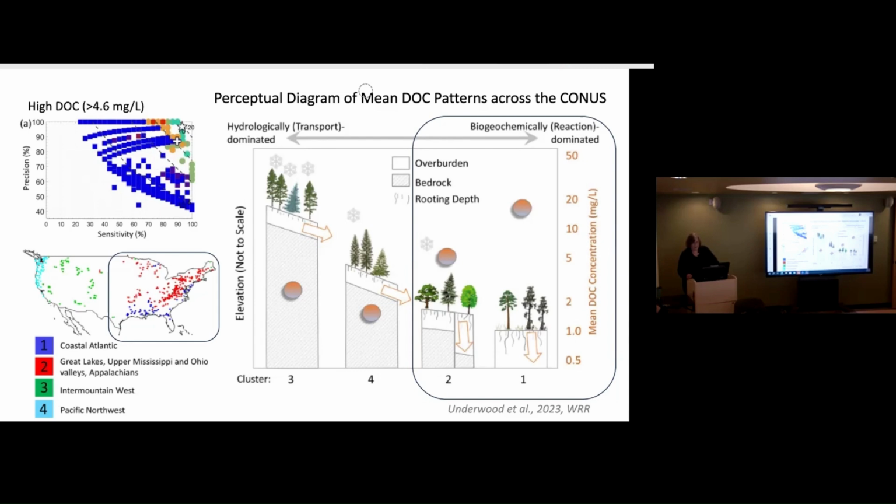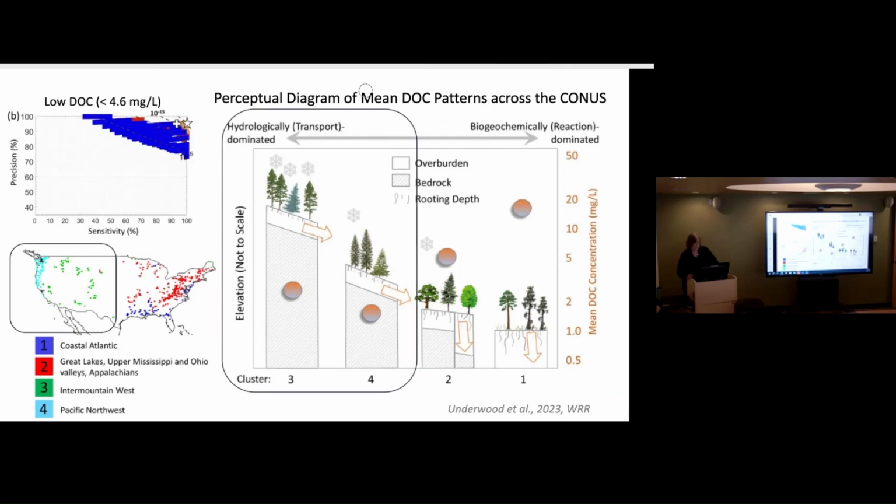Deeper soil depths and evergreen deciduous cover characterized those sites that had high DOC. In contrast, the sites with low DOC tended to be those in the western US, characterized by steep slopes, shallow thickness of overburden materials, and evergreens, and also snow cover. Again, you can read the paper for more details, but that's the data set that we've brought to you today and stored in the HydroShare resource.